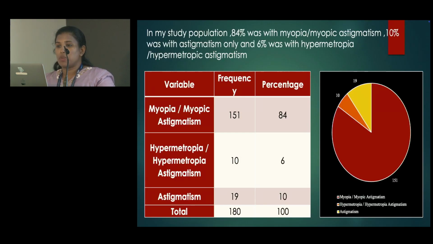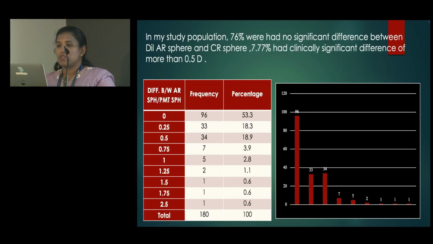In my study population, 84% had myopia or myopic astigmatism, 10% had astigmatism only, and 6% had hypermetropia or hypermetropic astigmatism. And 76% had no significant difference between dilated AR sphere and cycloplegic retinoscopy sphere values. 7.7% had a clinically significant difference of more than 0.5 diopter.